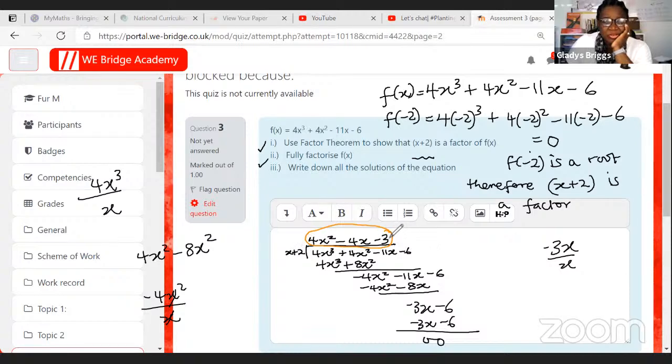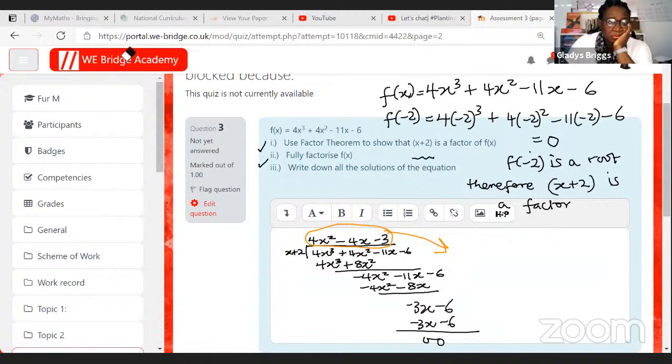Now you need to use any method of your choice to factorize this one, or find the roots. How can you factorize this one? You can use simultaneous, you can use formula if that's easy for you.